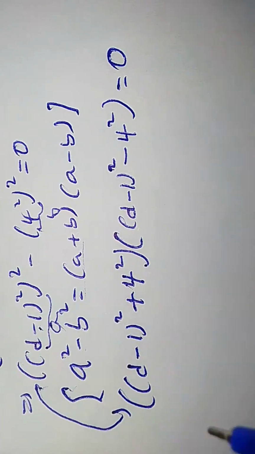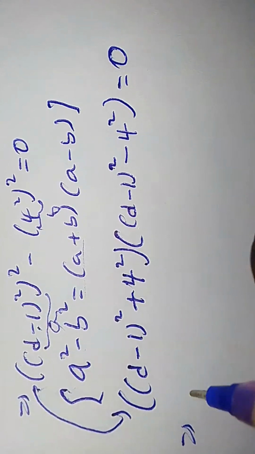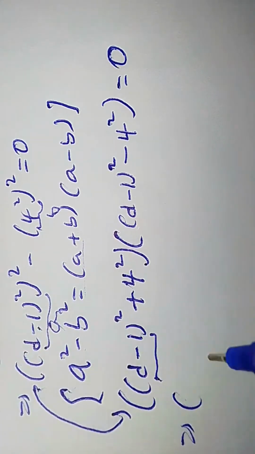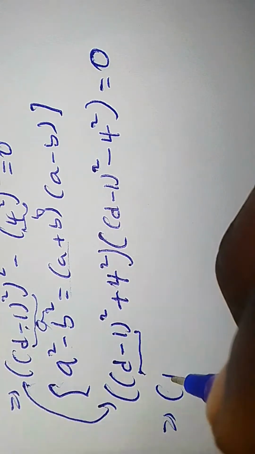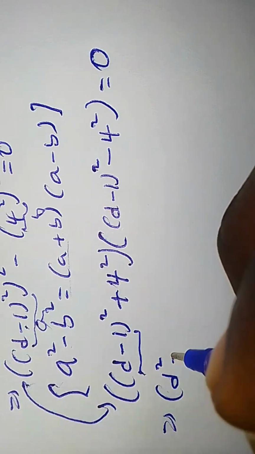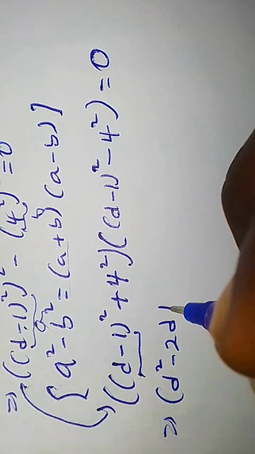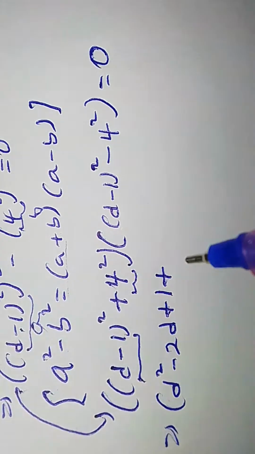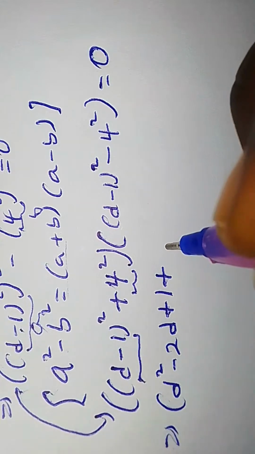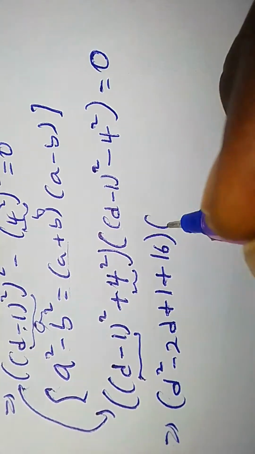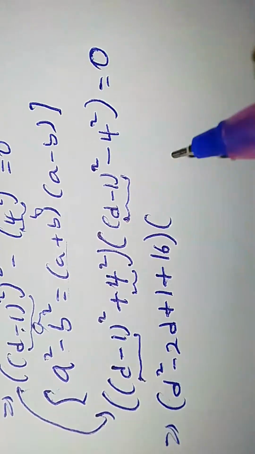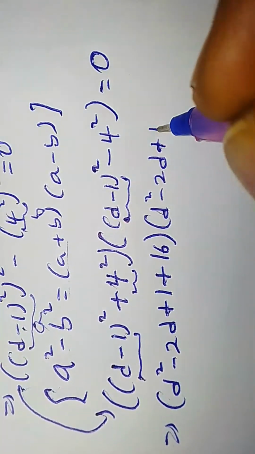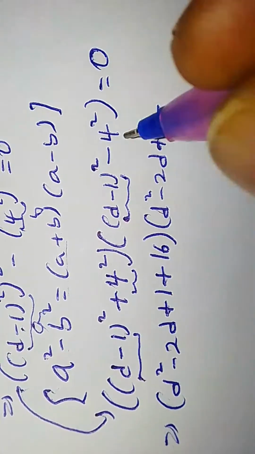Let's continue. This implies that if you expand (d - 1)^2 very well, you're going to have (d^2 - 2d + 1 + what is 4^2? That is 4 times 4, 16) times, expanding this also very well, (d^2 - 2d + 1 - what is 4^2?